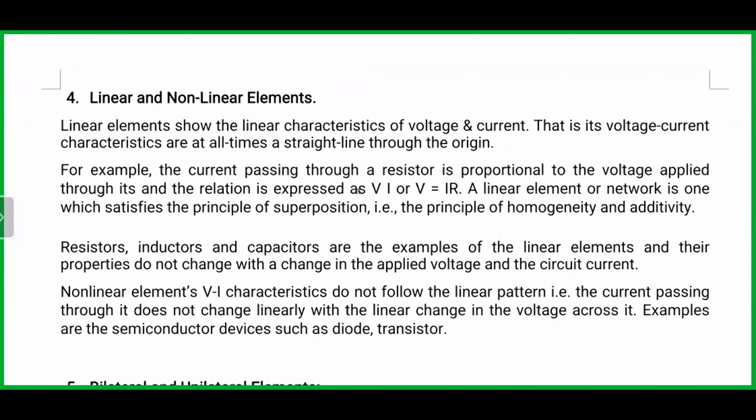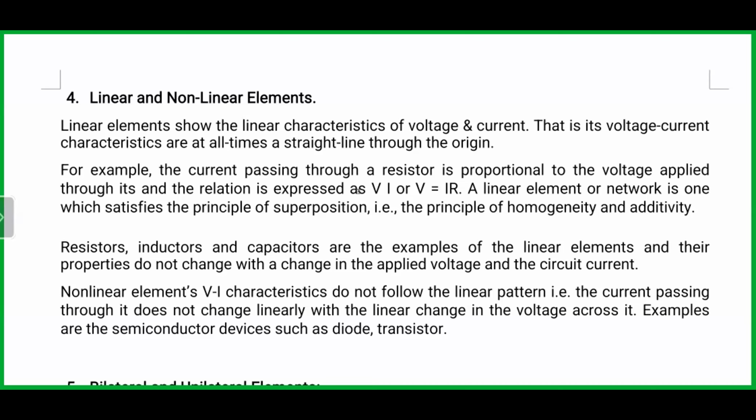Linear elements show linear characteristics of voltage and currents. That is, their voltage-current characteristics are at all times a straight line through the origin.